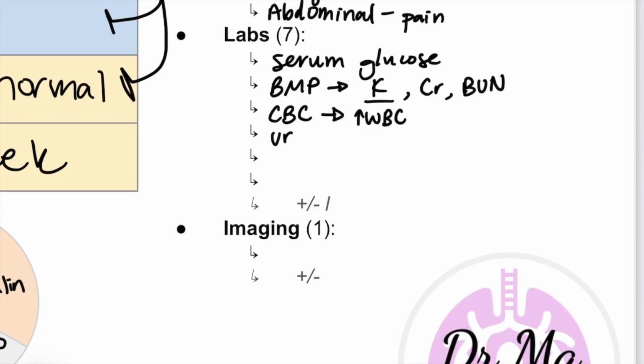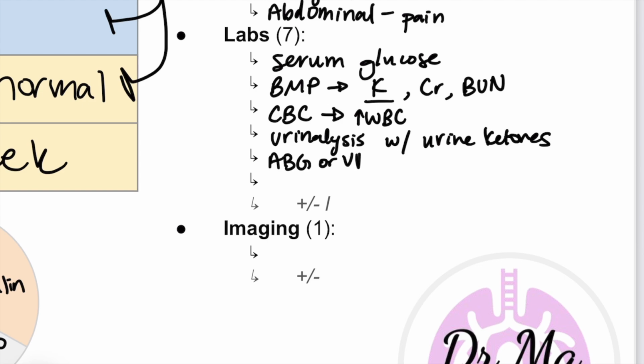A urinalysis is also important to get with urine ketones for the reasons that we talked about before, in order to assess for the presence of ketones in the urine. Also, a urinalysis, if it contains lots of bacteria and white blood cells, could point you towards a UTI as the precipitating factor that led to their DKA or HHS. We'll also want to get an ABG or VBG to help us assess the pH of the blood.